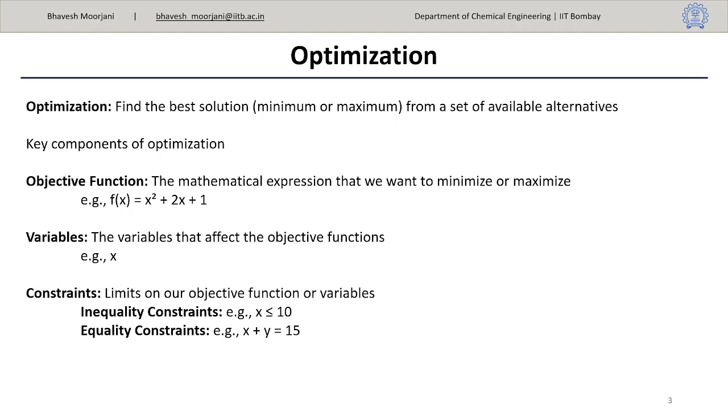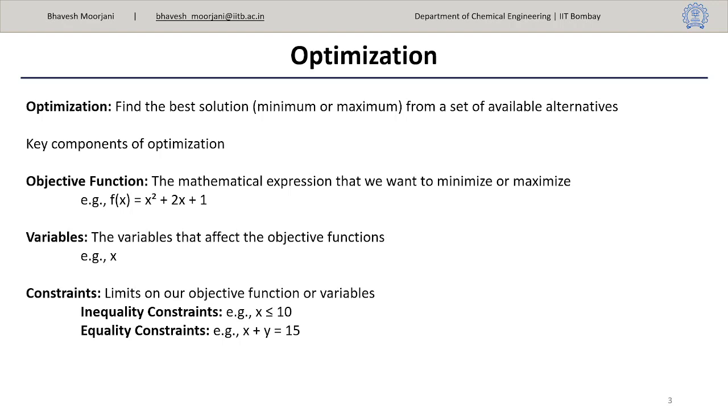So, let's say in the case of a distillation column, you want to maximize your separation efficiency, but at the same time maintain some specific requirement of the top product and the bottom product, right? Then the mole fraction values of the top and bottom products will have to have some fixed quantities.